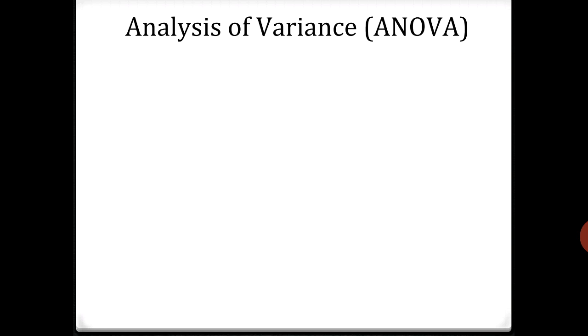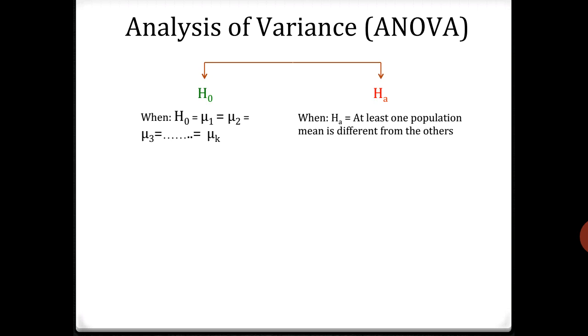Next, let's have a simple example to understand ANOVA. First we have to define the null hypothesis as well as the alternate hypothesis. Let H0 be the null hypothesis and HA the alternate hypothesis.